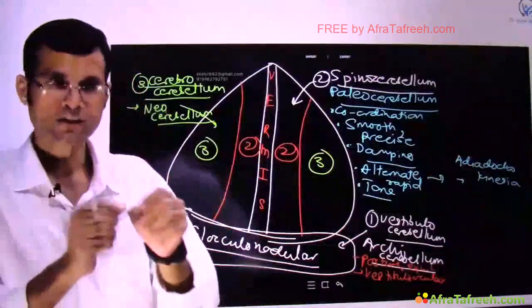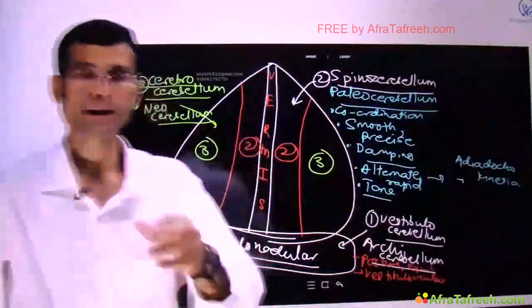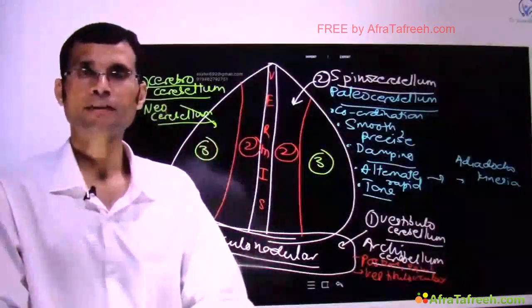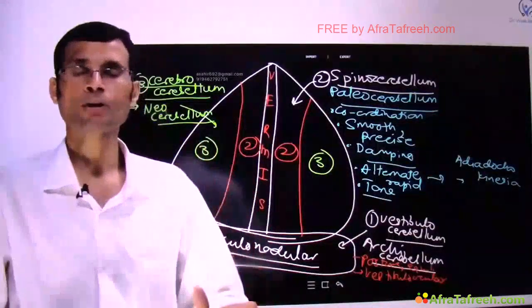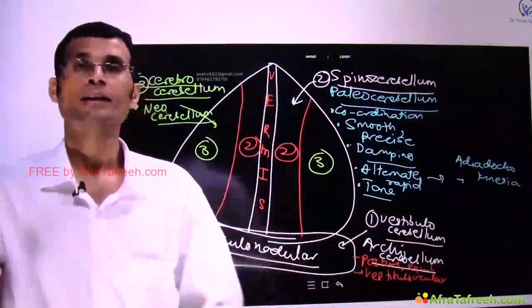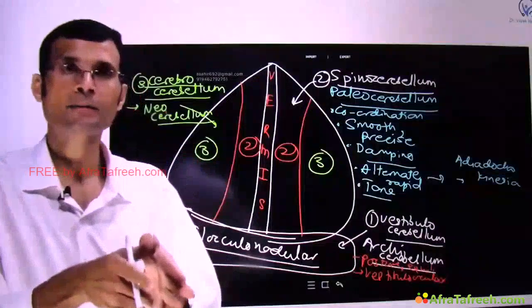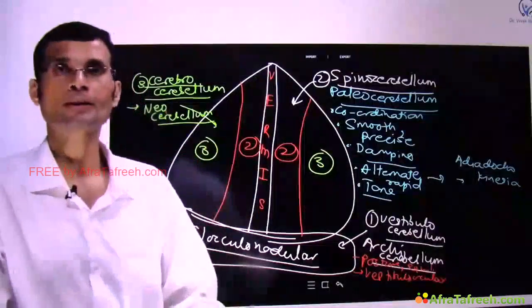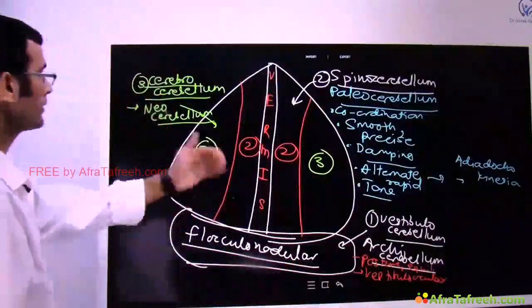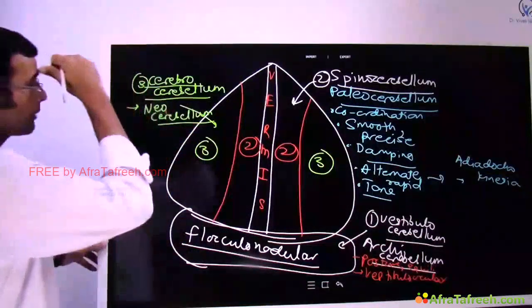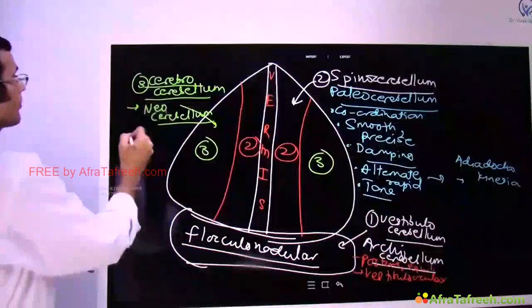This linkage happens in the neocerebellum, so that the alpha motor neuron causes the muscle to contract, and the gamma motor neuron maintains the muscle spindle excitability. Muscle spindle is a proprioceptor in the muscle. We will discuss that later. So this is cerebrocerebellum, also called neocerebellum.